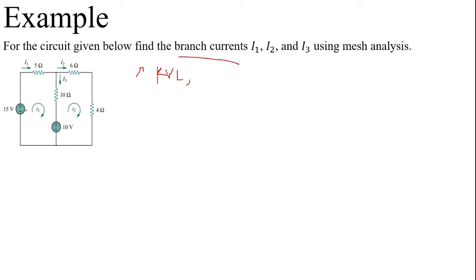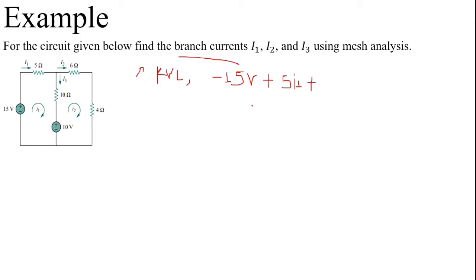So if we take a summation for this loop: minus 15 volts, since the current is entering the negative terminal of this supply voltage, plus, since this mesh current is equal to this branch current, we can just multiply the value of resistance, which is 5 ohm, times I1, the mesh current flowing through the first loop, plus 10 times I3. If we apply KCL at this node, I3 can be calculated as I1 minus I2, where I1 is equal to the mesh current I1, and I2 is equal to the mesh current I2.